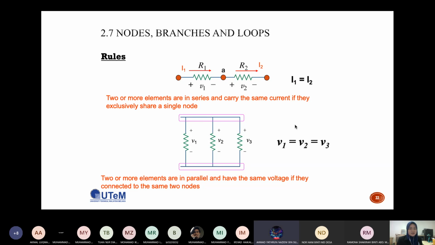Okay. So we have two rules that you need to know. The first one states that two or more elements are in series and carry the same current if they exclusively share a single node.